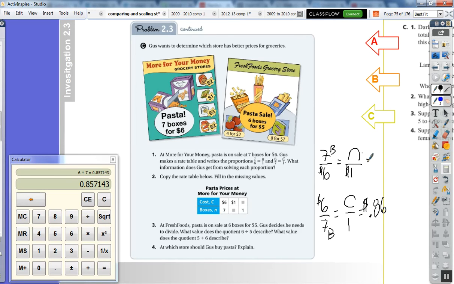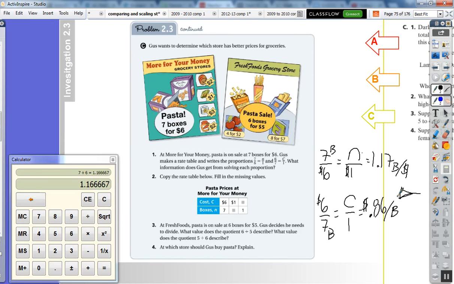Well, in this one, we have 7 boxes divided by $6, and we get 1.17 boxes per dollar. And this is 0.86 or 86 cents per box. Which one do you think you'll see in the grocery store?